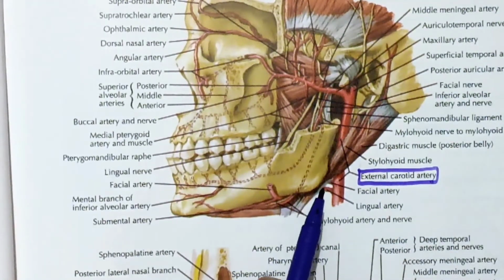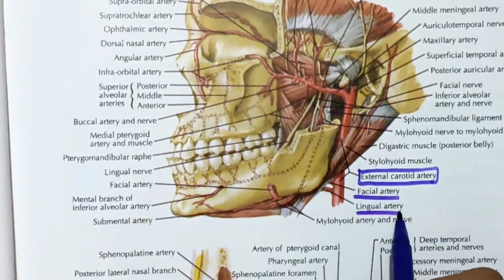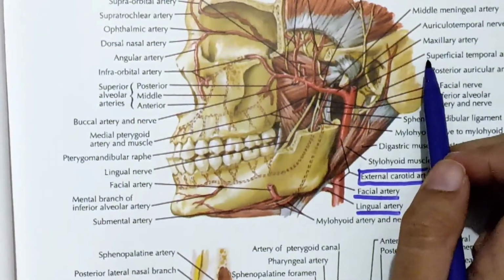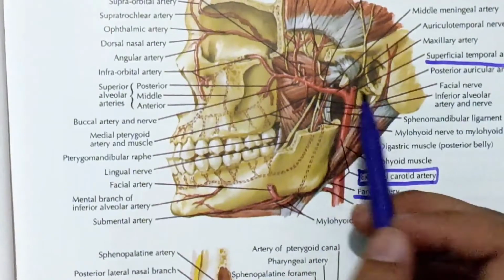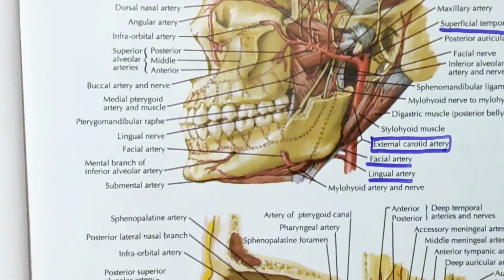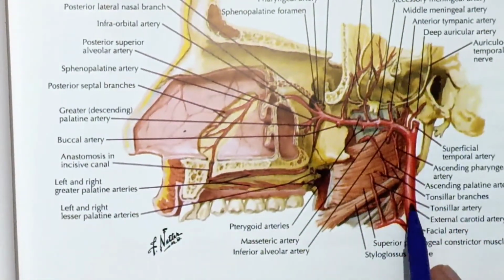You can see the branches coming out from here: the facial artery, lingual artery, superficial temporal. These are all the branches. So this is the main blood supply of head and neck. Here you can also see this external carotid.